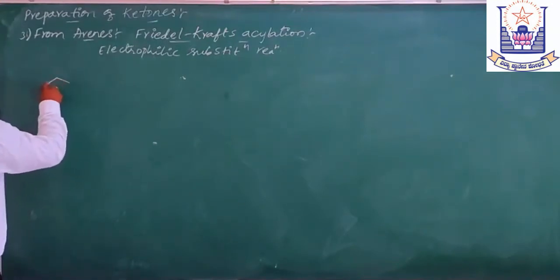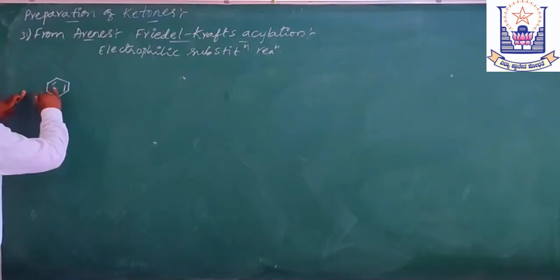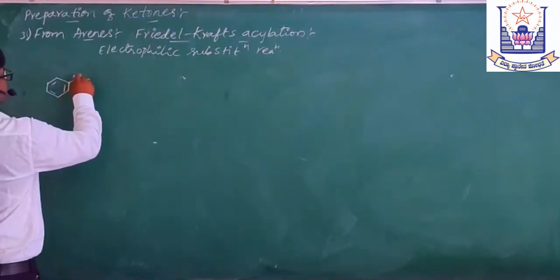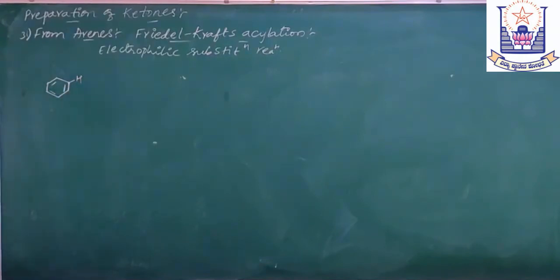Okay. Let's take benzene, where all the 6 carbon atoms have hydrogens. For example, let us take the hydrogen at this carbon. Remaining will also have hydrogen, but I am going to select this hydrogen.